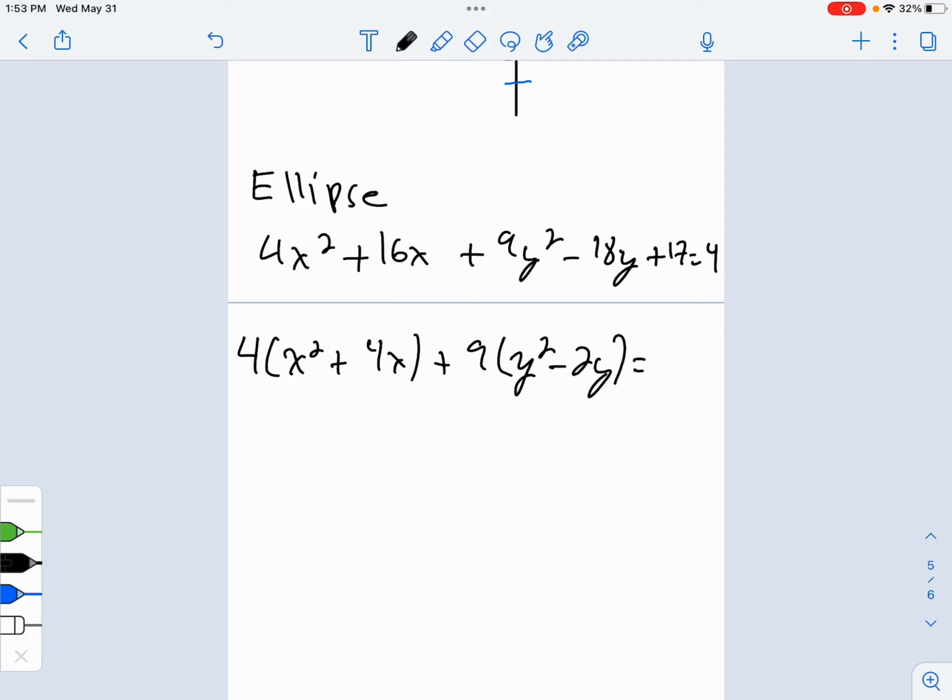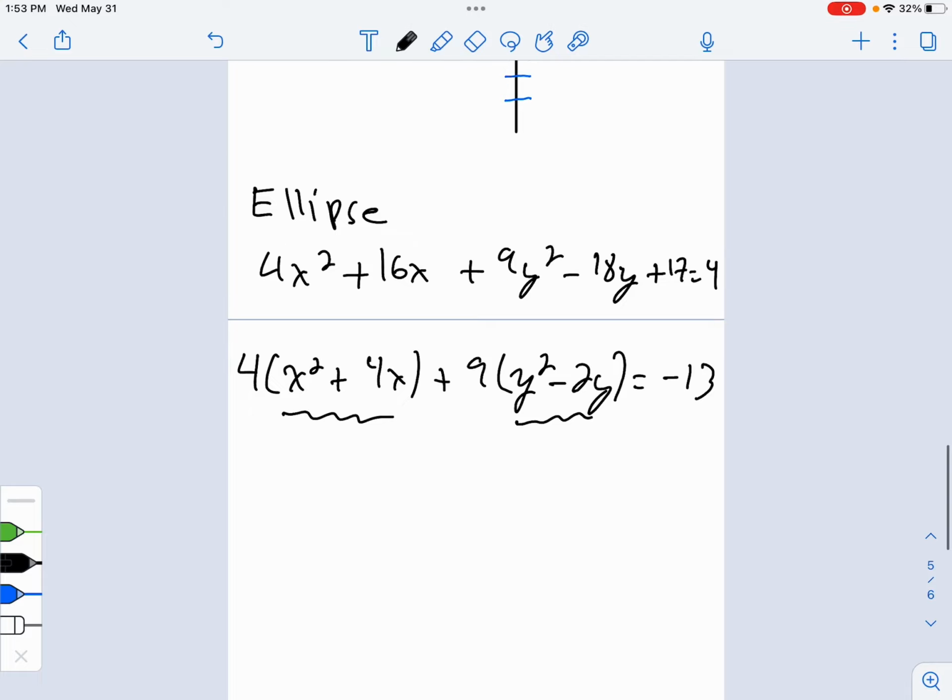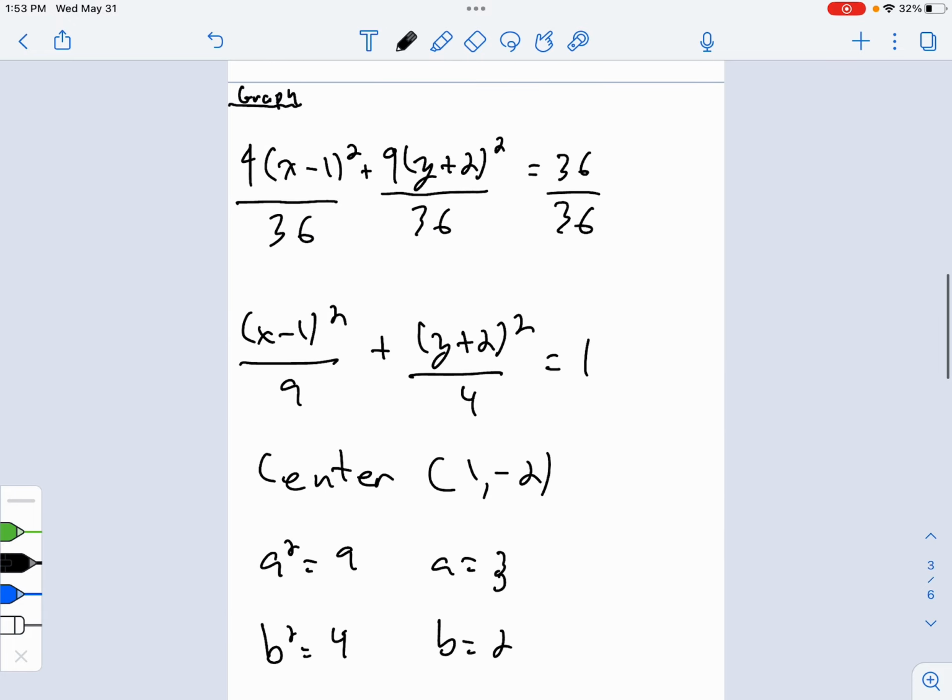And I'd factor a 9 out of the 9y² and the −18y, and any constants go onto the other side. So 4 minus 17 gives you −13. Then you would complete the square on both parentheses, and you'd finally get something like what you have up here.